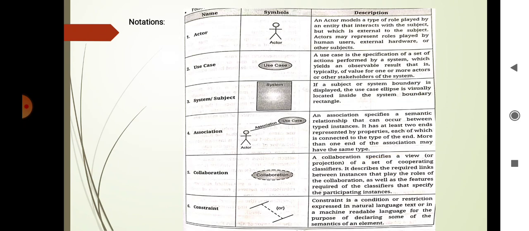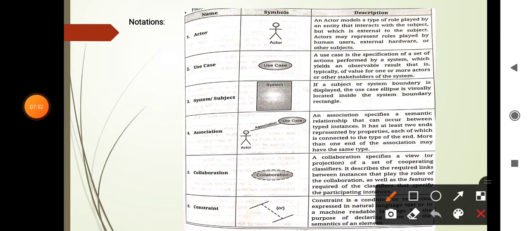Then there are some basic notations of the use case diagram. First is the actor, and the symbol for an actor is a stick figure. An actor models a type of role played by an entity that interacts with the subject, but is external to the subject. Second is the use case.